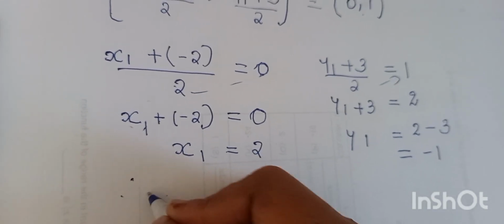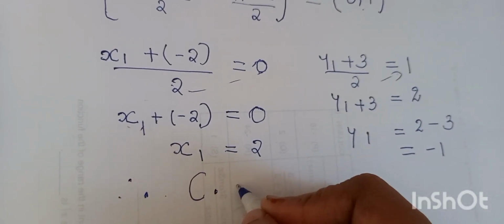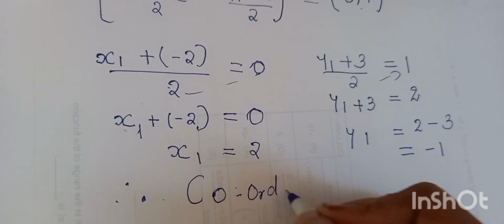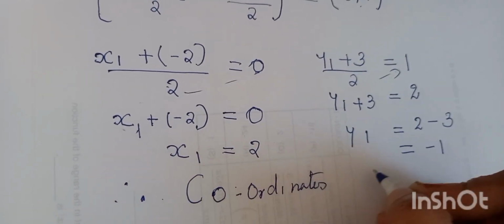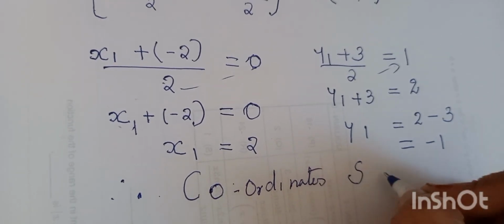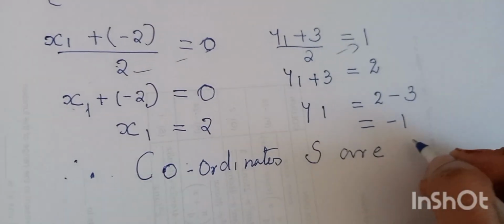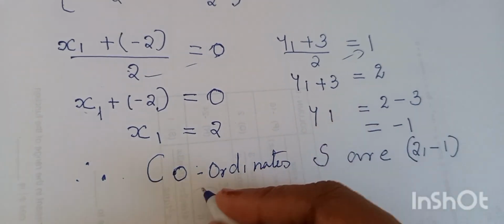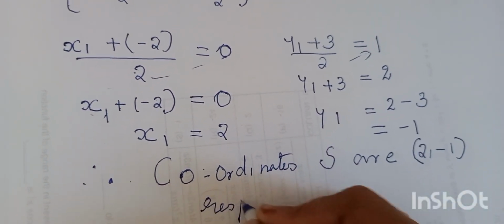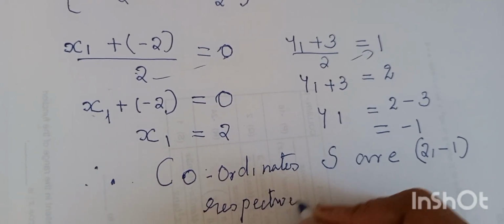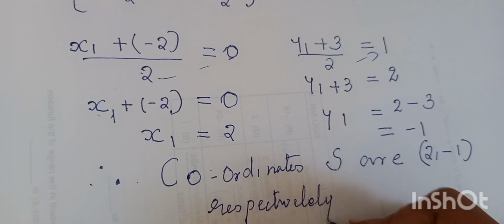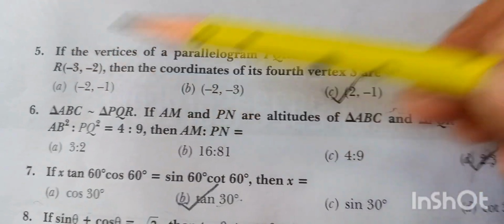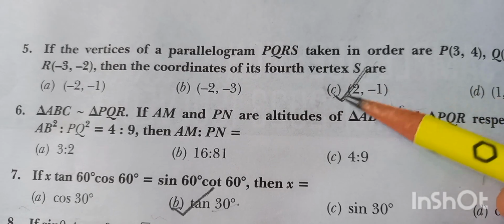Therefore coordinates of S are 2 comma minus 1 respectively. So the fifth answer is option C.